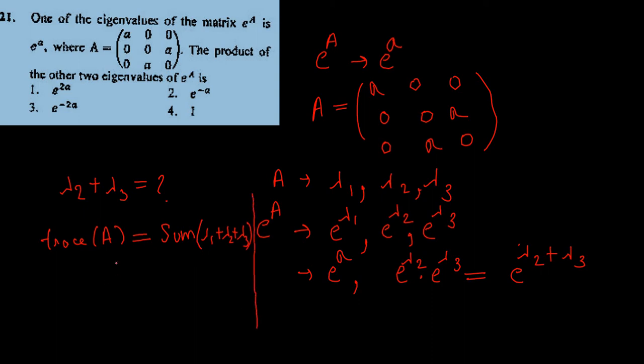Okay, and you know one of its eigenvalues, which is A. The trace of A is also the sum of the diagonal elements. So here the sum of its diagonal elements will be A.